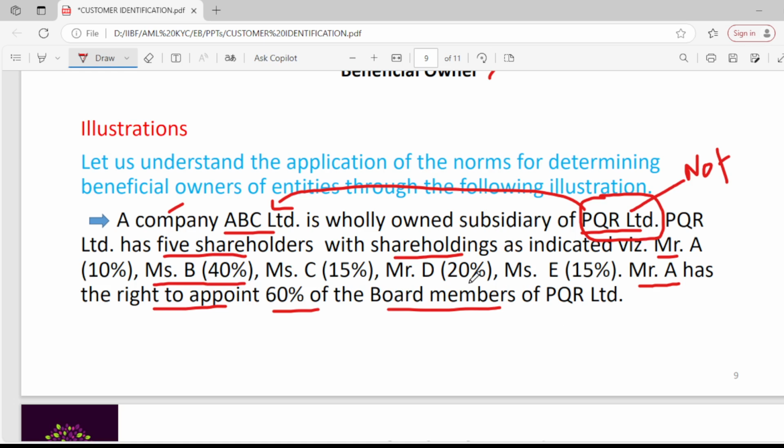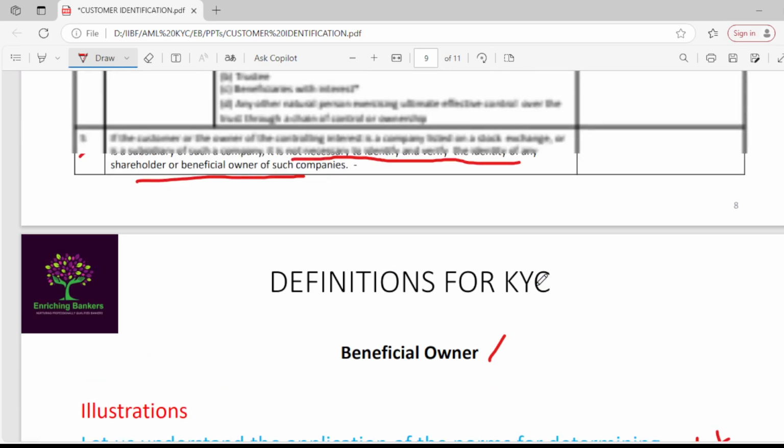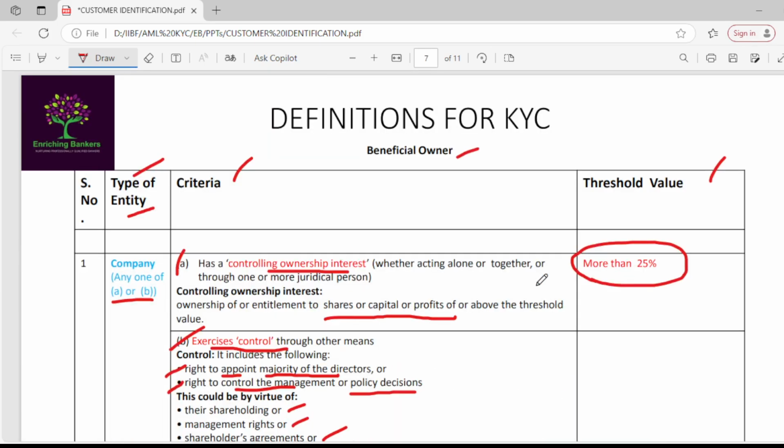Mr. D and Mrs. E's total shareholding is 35%. So this total shareholding also satisfied the condition pertaining to a company.